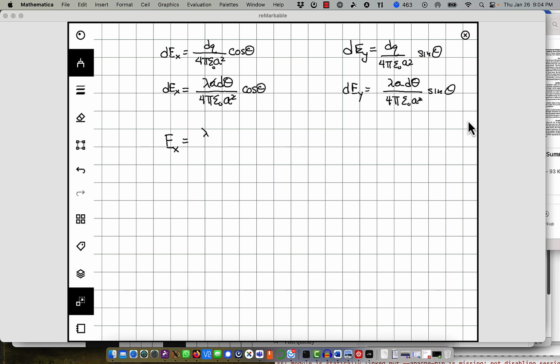So let's write it out in terms of an integral. So we'll pull those constants out, lambda over 4 pi epsilon naught a, times the integral of cos theta d theta, and Ey is lambda over 4 pi epsilon naught a times the integral of sine theta d theta. So it's a pretty simple integral.